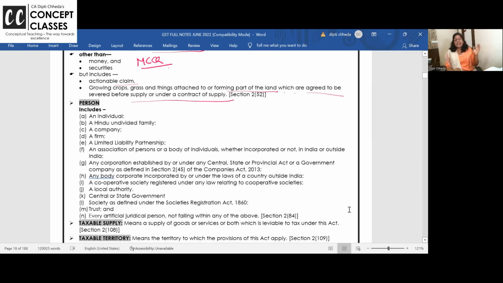GST is like supplier is a person. So person includes, same like income tax. In income tax, this definition is very important. So section 2, subsection 31. यहाँ मत लिखना, ये indirect tax है.